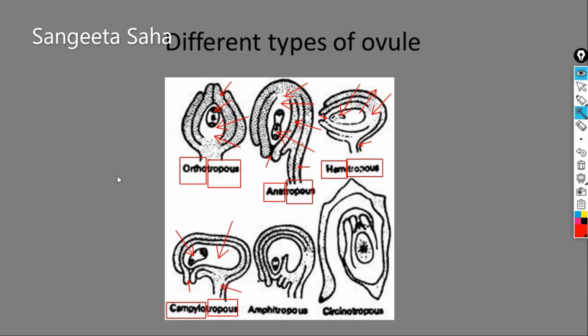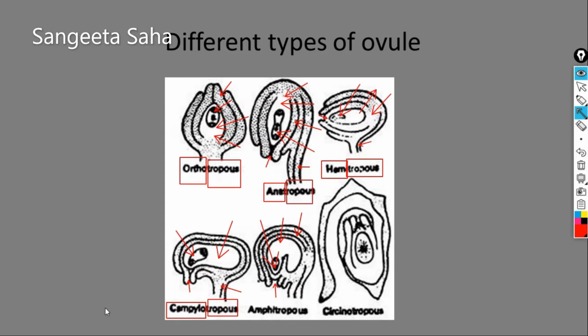Here, the body of the ovule is curved in such a way that the chalaza and the micropyle do not lie in the same straight line, and this is found in the Leguminosae family. If we see the structure of the amphitropous, this part is the micropyle, this is the embryo sac, this is the nucellus, and these are the integuments.